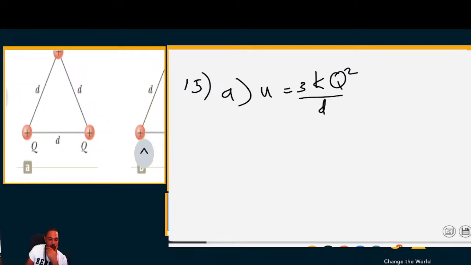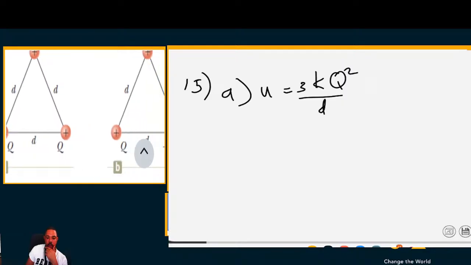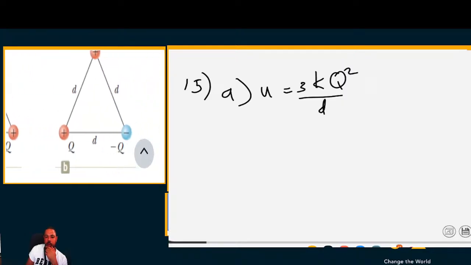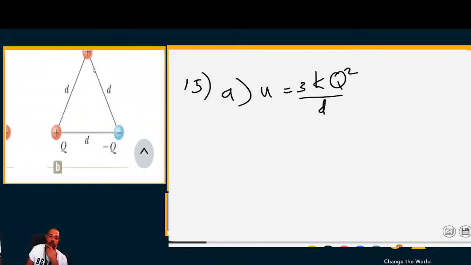Let's calculate the electric potential energy of system B. It's the same setup, but one of these charges is now negative. We've already calculated for A, it's 3kq squared over d.